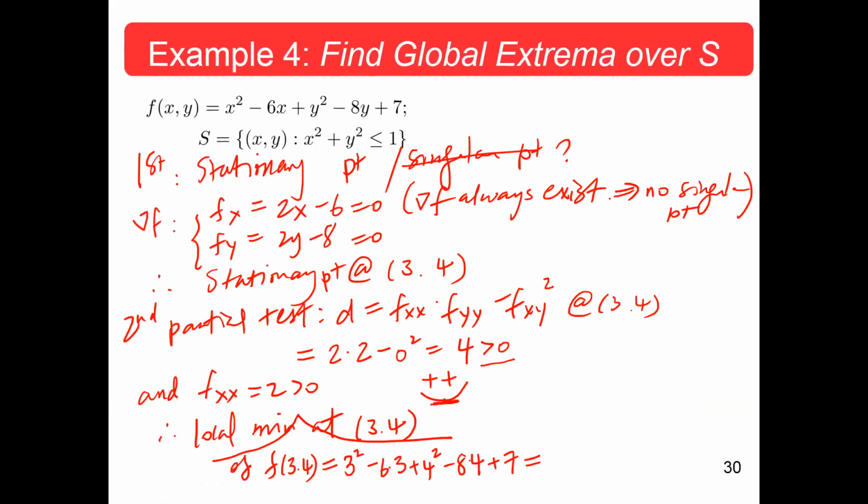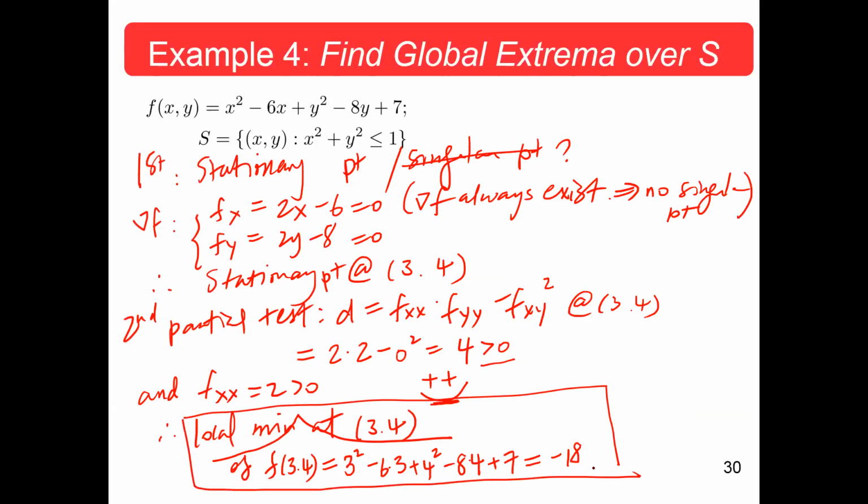Do you guys get negative 18? Folks, you guys have that as negative 18 as the local minimum value? Okay, good. So we got one conclusion: at least there is a local min of negative 18 at (3, 4). Let's first box this conclusion. But we have said this is a local min. Whether this would be absolute min or not is still a question mark.